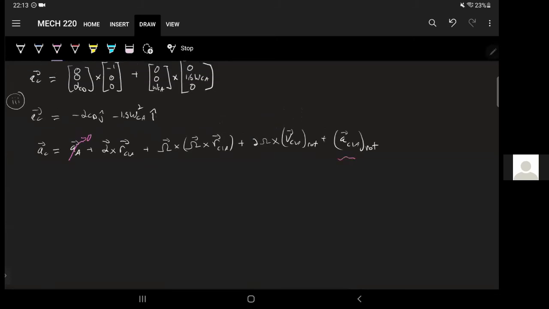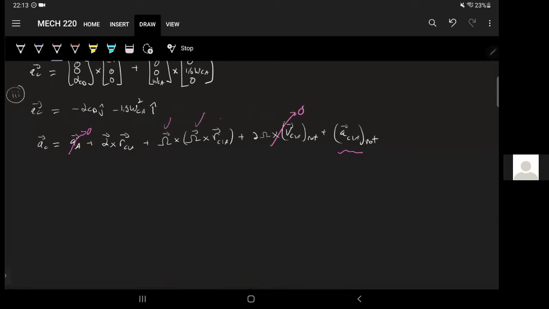The expression might not be 0, but we know that this is 0. We found that before. We know this, we know this, and actually we know this too.